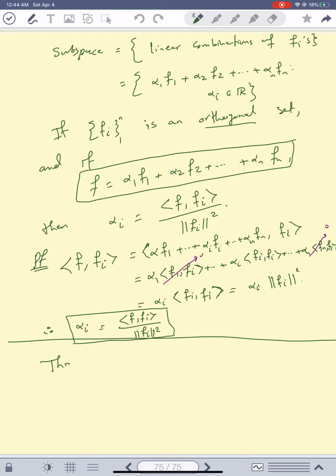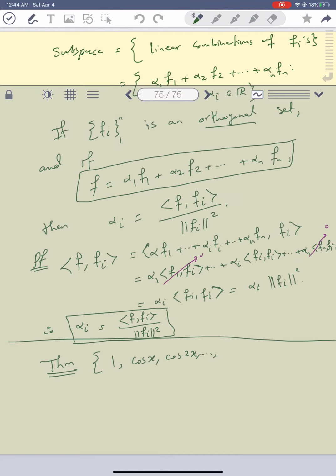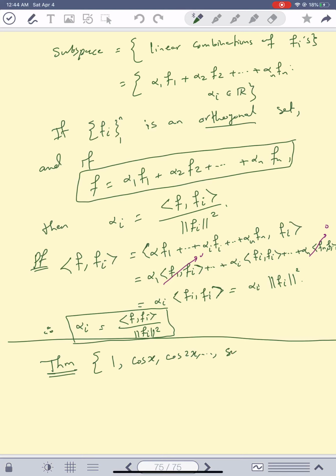This is a big theorem in real analysis: if you look at the functions 1, cosine x, cosine 2x, cosine 3x, 4x, and so on, and sine x, sine 2x, and so on, the theorem says that this is a basis for the space of continuous functions over negative pi to pi.